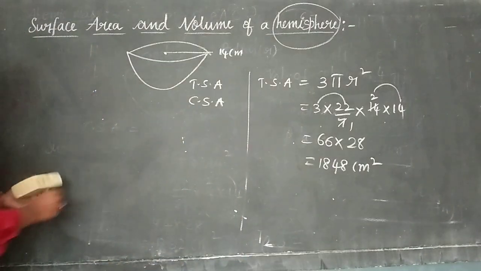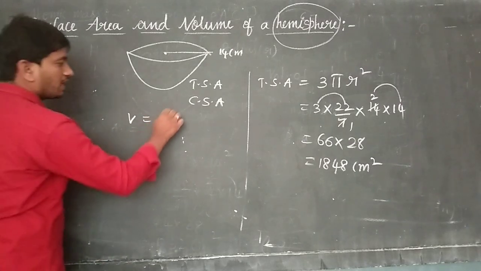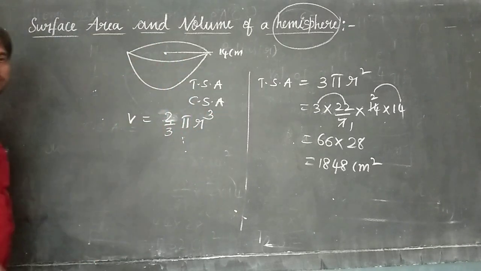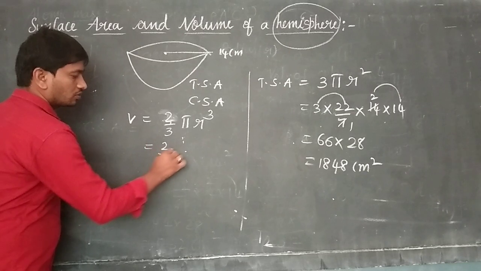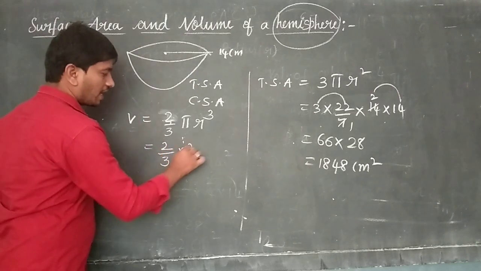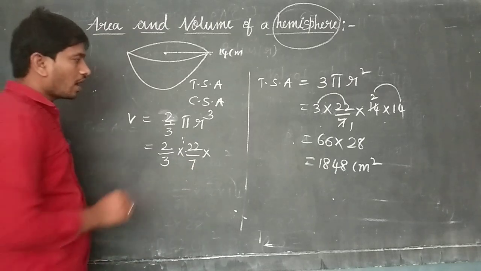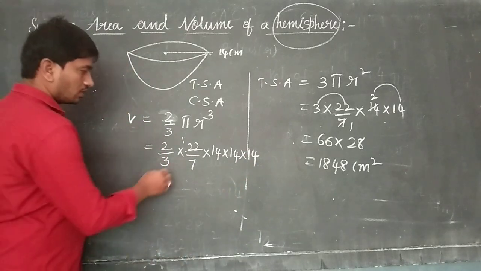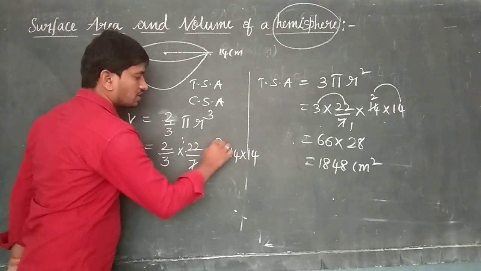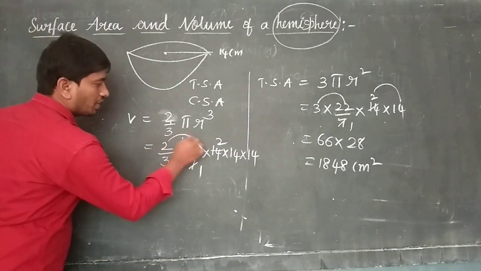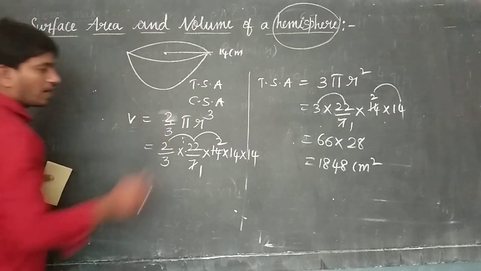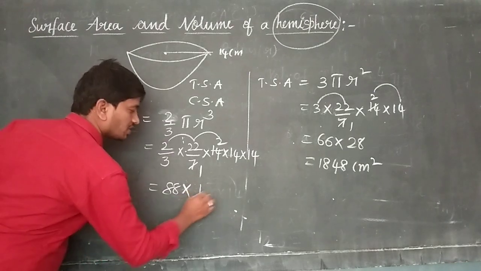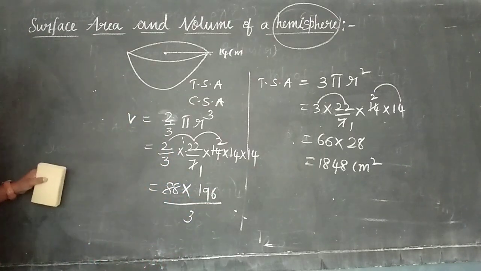As we know, the volume of a hemisphere is 2 by 3 pi r cube. 2 by 3, pi value is 22 by 7, and r cube means 14 into 14 into 14. 7 twos are 14, so 2 into 2 is 4, 44 into 2 is 88, into 14 into 14, which is 196, divided by 3.